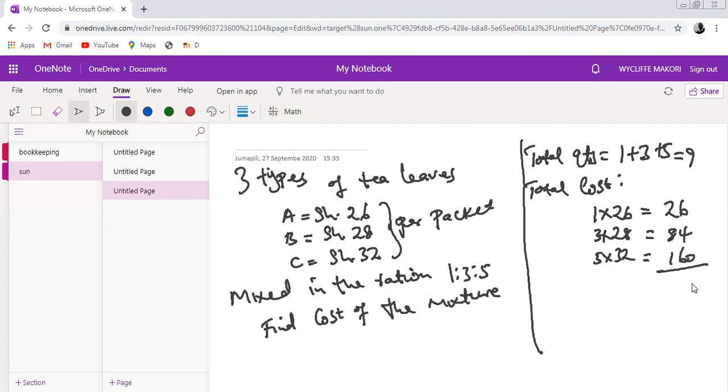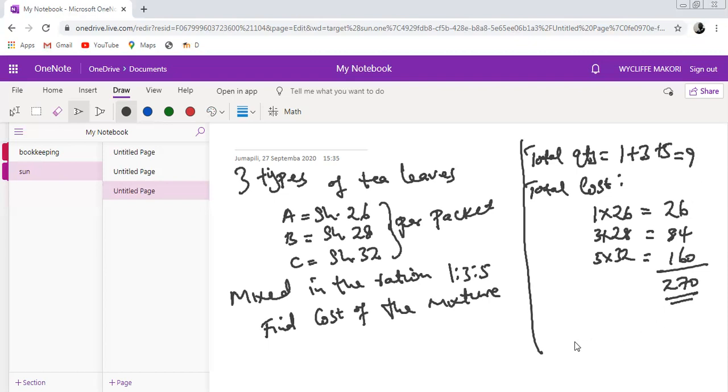So these packets that were mixed together are going to have a cost of 26 plus 84 plus 160. So cumulatively, they are going to cost us 270. So we have mixed packets costing 270, and we have 9 packets in that.